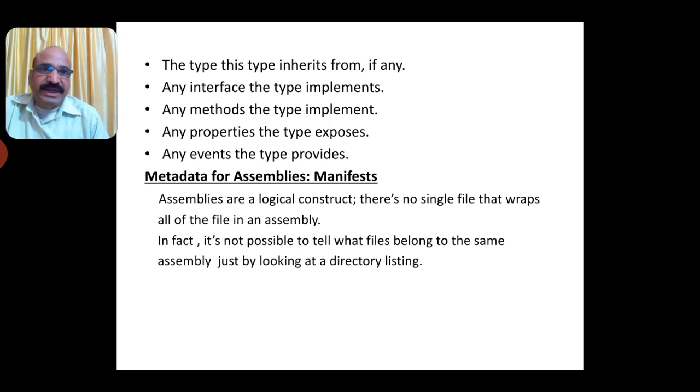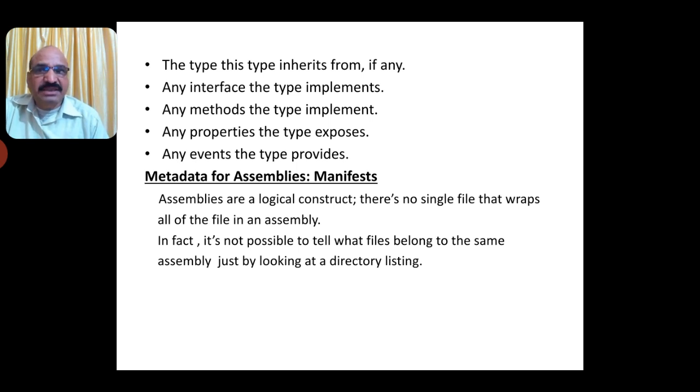Now, what is the metadata for assemblies? That is the manifest. Metadata for assemblies is called a manifest. Assemblies are a logical construct. There is no single file that wraps all the files in an assembly.